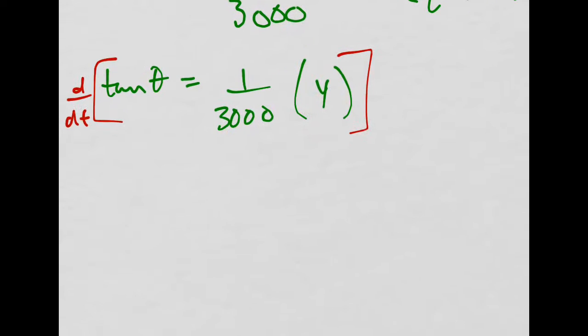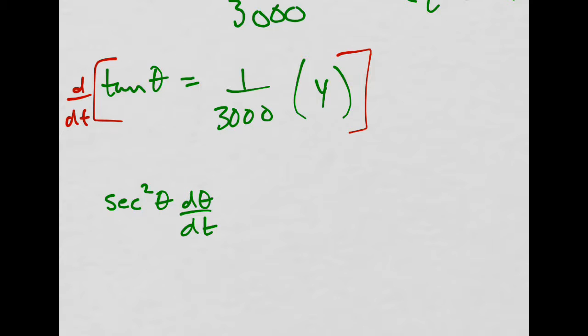So I have to take the derivative like normal. The derivative of tangent is secant squared theta, and then tack on a d theta/dt. And that will equal 1 over 3,000. The derivative of y is just 1, but we tack on a dy/dt.